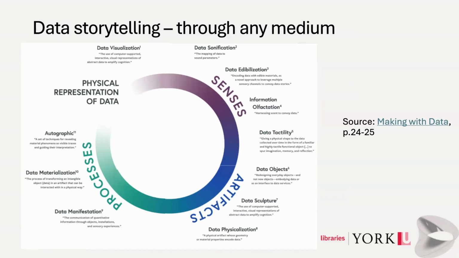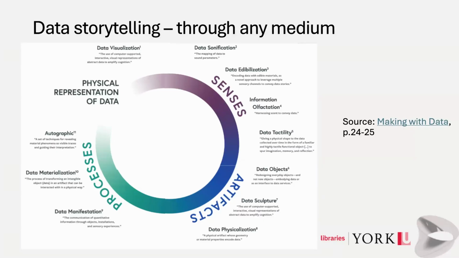And really, data can be told through so many different mediums. I pulled this image out from a book that we have in our makerspace called Making with Data. It's also linked to an online copy on these slides here. And this shows the different ways that one can tell stories. We've got data visualization, data physicalization linked here.